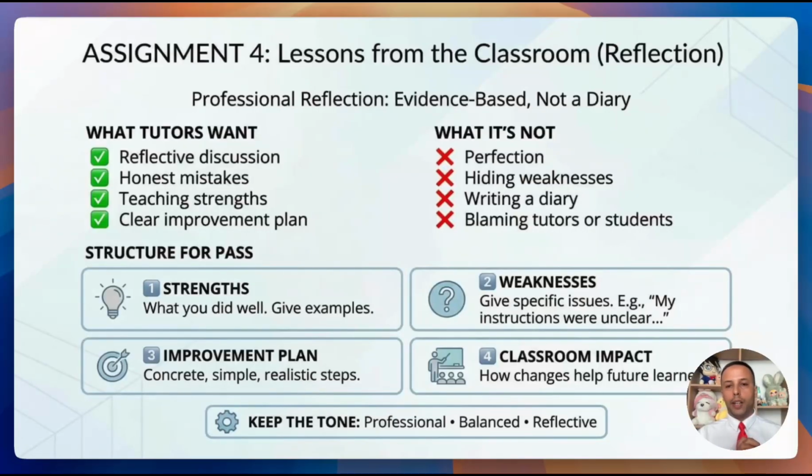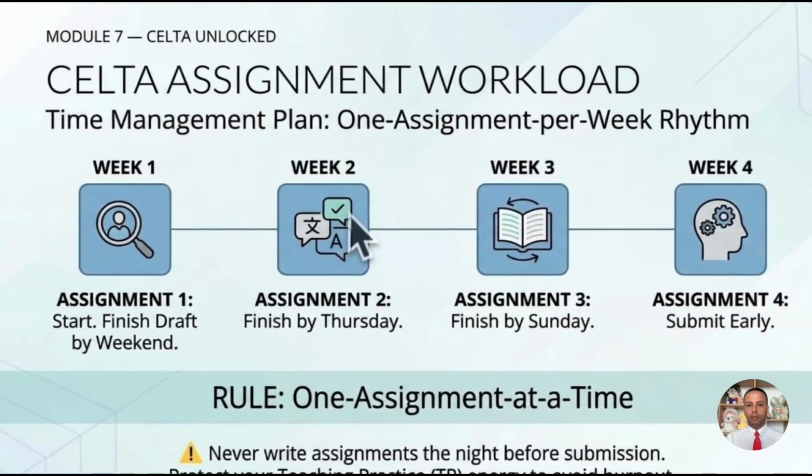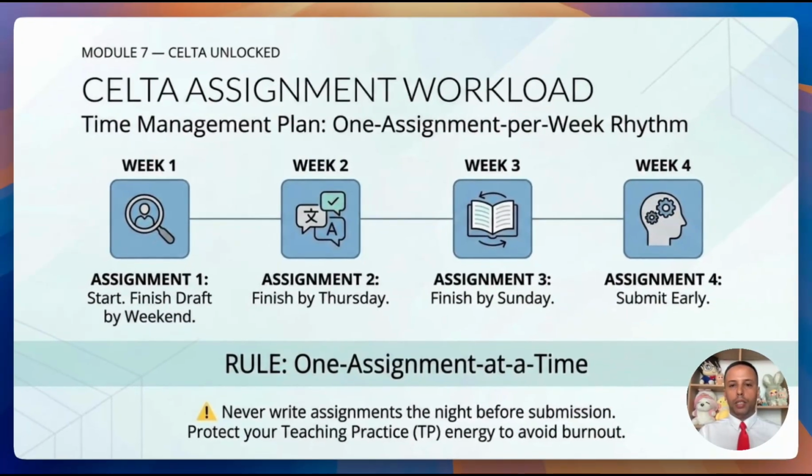Now, let's talk about managing your time across all 4 assignments. Here is the time management plan. I think 1 assignment per week. Week 1, assignment 1: you must start early. Every day you work, go and add something to your assignment.